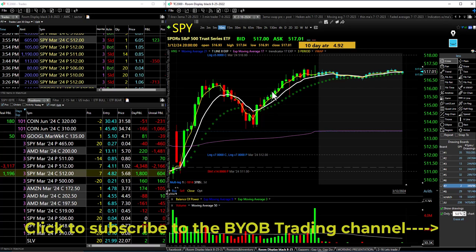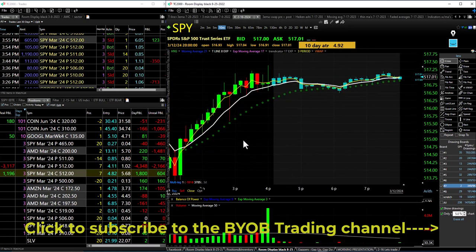Price gets away from the 3, I unload one. Price comes back to the 3, I reload it. If it comes back to the 8, I reload 2. If it comes back to the 3, I only reload 1. Sometimes when I'm feeling very, how do I say it, aggressive, I reload 3 at the 8.